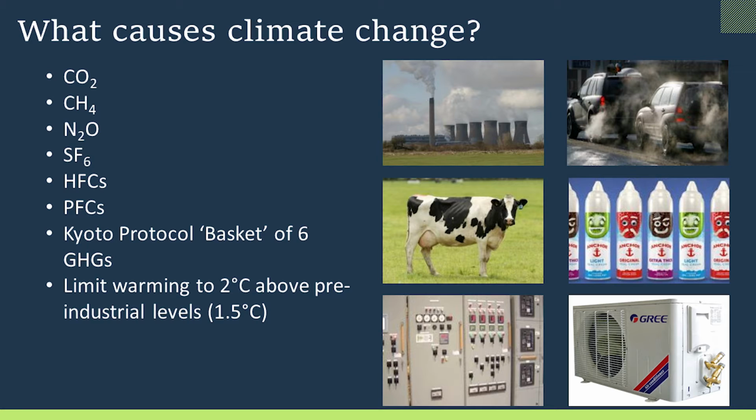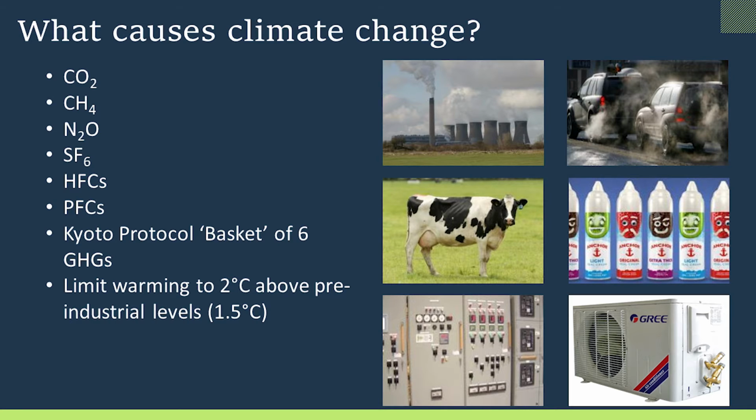Why are these 6 gases and groups of gases highlighted? They're the most prevalent, the most relevant to the impact that we have on the climate, and they've come to be known as the Kyoto Protocol basket of 6 greenhouse gases. And it's these that we are focusing most of our effort on in order to reduce the worst impacts of climate change in our societies, our communities, and our economies.